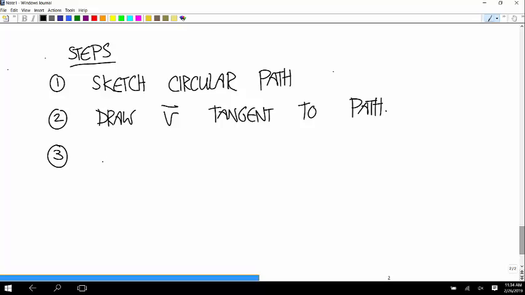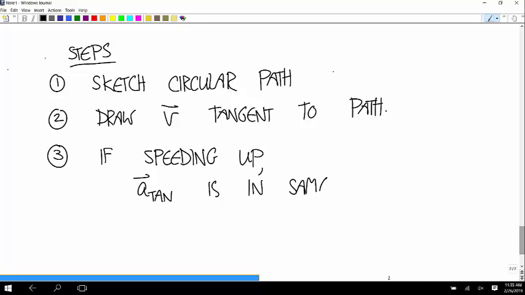Third, if the object is speeding up, then the tangential acceleration is in the same direction as the velocity vector.